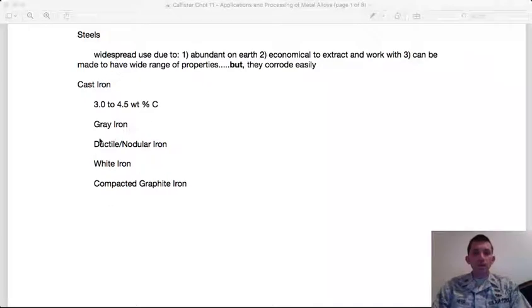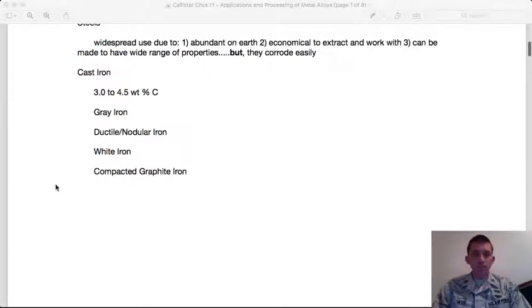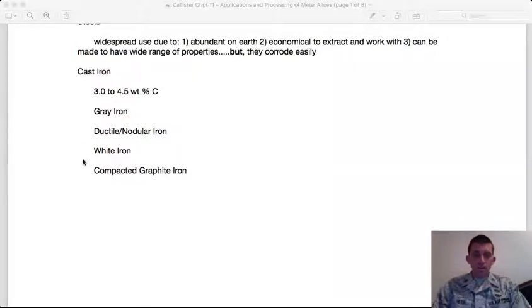And so these cast irons, as we'll see, are characterized by graphite deposits in many cases, in addition to carbon-containing phases like ferrite and cementite. Here the carbon content is so high that the ferrite and cementite are not enough to accommodate all of it, and so we see in many of these particles of graphite.